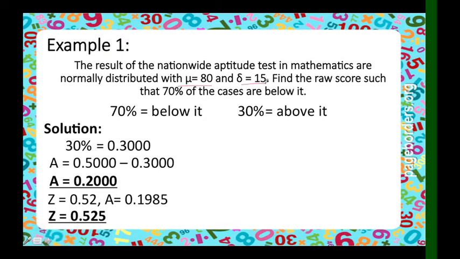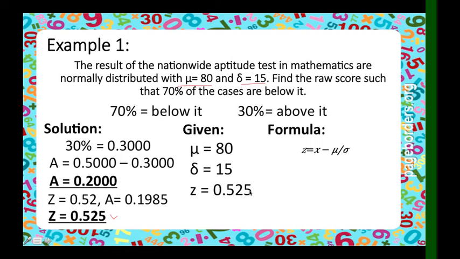Given 80, 15, and z, what we are looking for now is the mean, the sample mean. Given the population mean 80, standard deviation 15, and z equals 0.525, this is our formula: z equals x minus mu over sigma. I have also taught this about computing the z-score.